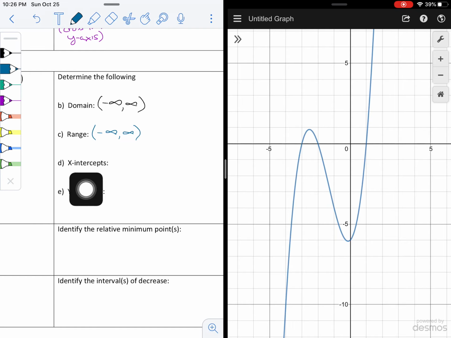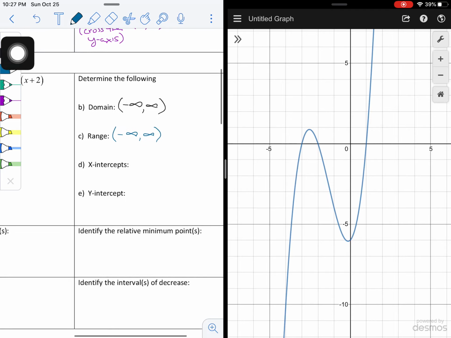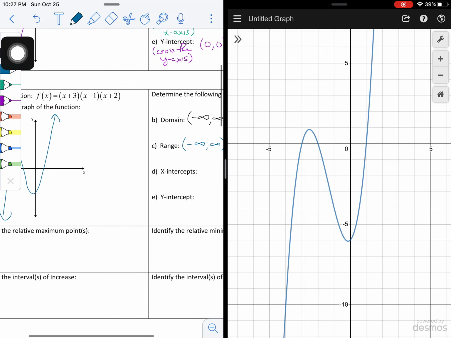Okay. X-intercepts. Now I'm going to tell you two ways you can find them because I want you to be aware mathematically, or algebraically, what's going on, and then also graphically. So I'm actually going to talk about the algebraic version first. If I look at my factors here, I have three little factors, right? Each of these linear terms.